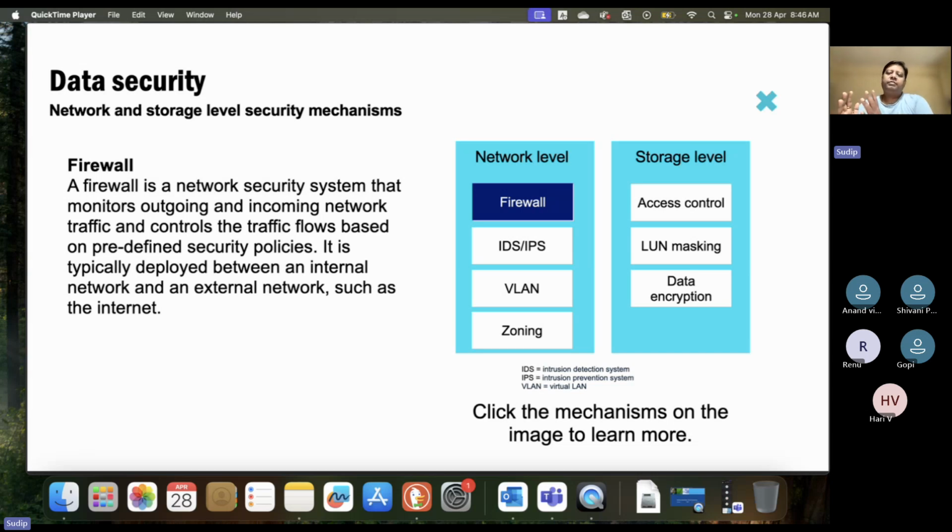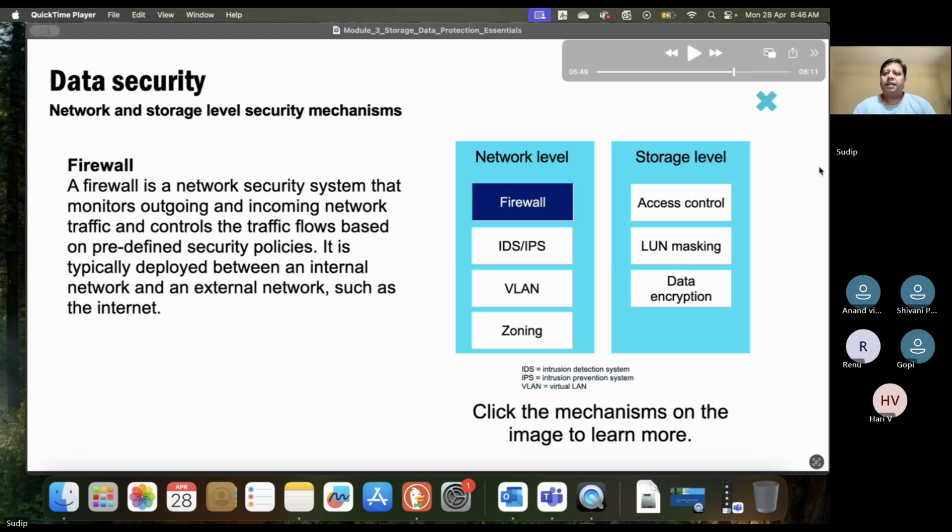A hardware firewall is a purpose-built appliance. It looks like a switch, but it's not a switch. It will have ports where you connect your internet traffic, coming from your internet service providers, and on the other end, ports where you connect your internal networking switches and networking equipment. Every single packet of data going from inside the network to the outside world is checked, and vice versa. Any questions on what is a firewall?